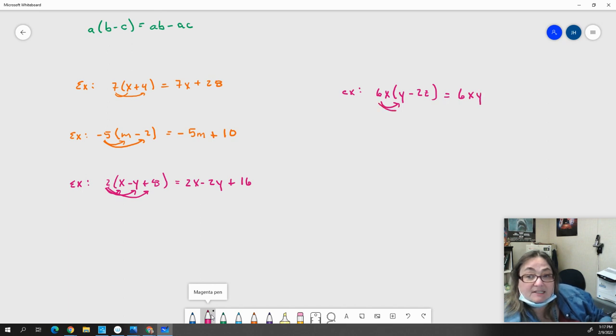If I multiply 6x times negative 2z, I get negative 12xz. I can't combine those, right? I can't, because xy is not the same as xz, so they can't be combined any further. But that's how we would combine those.